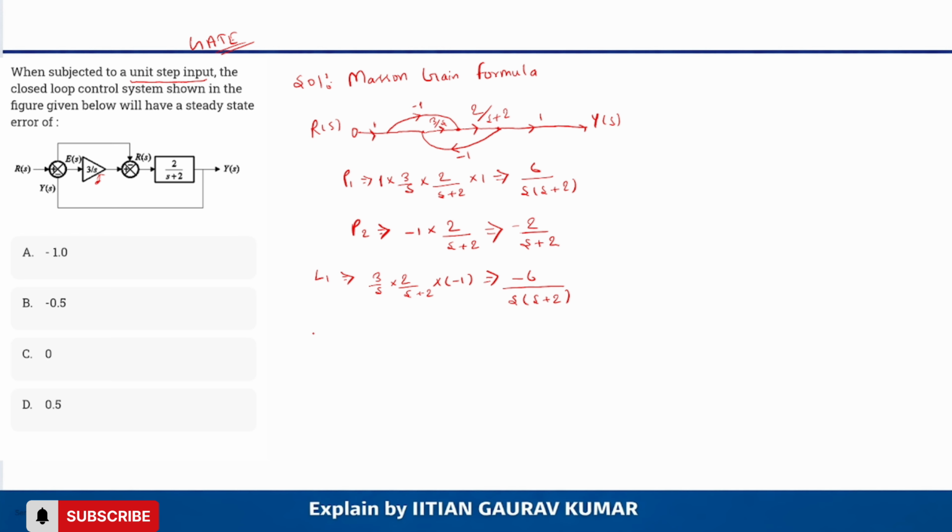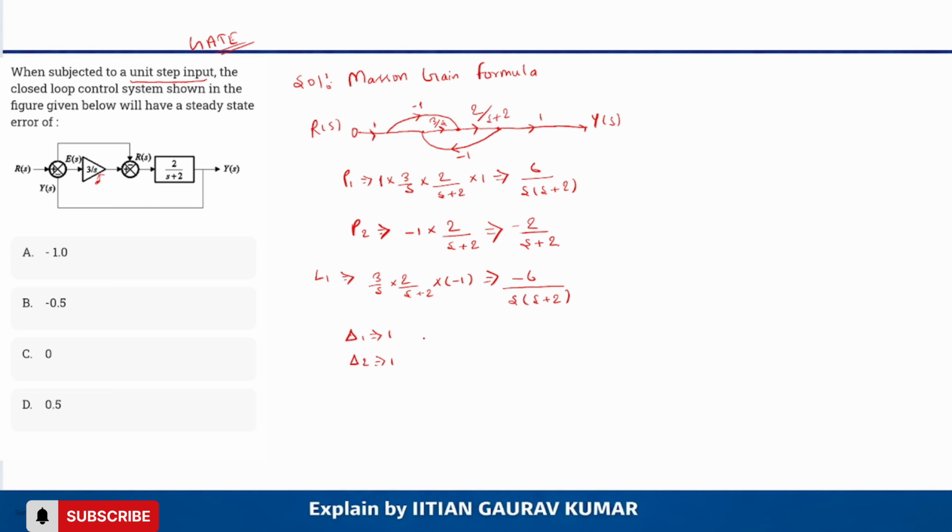If you remove the forward path P1, is any closed loop there? No. So delta 1 is equal to 1. Delta 2 is also 1, because if you take forward path 2, no individual closed loop is left.